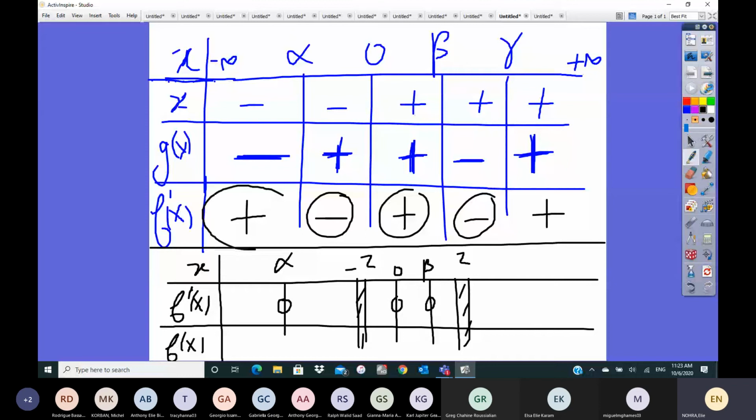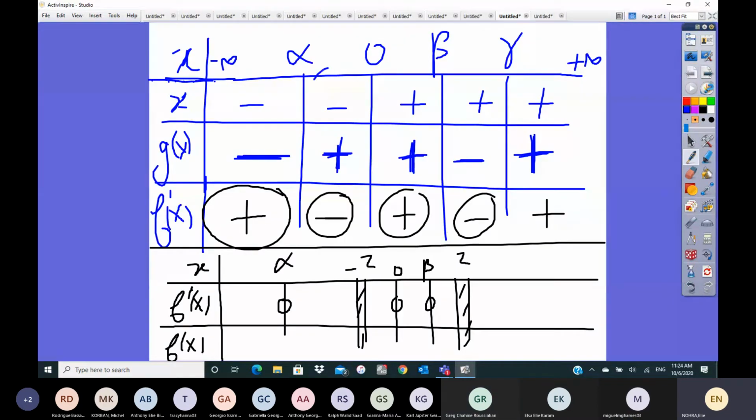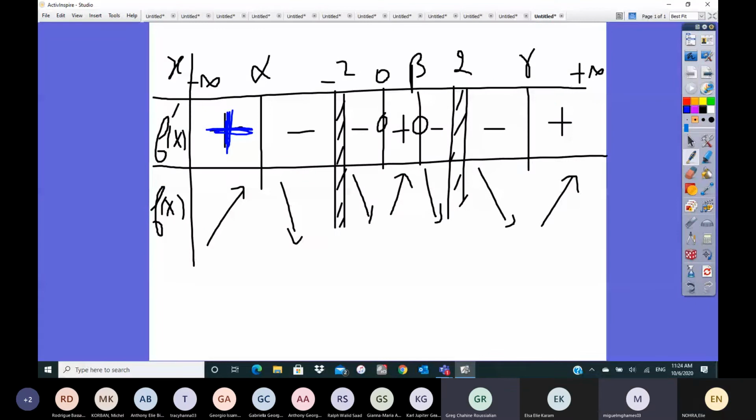First step, between -infinity and alpha, it is positive. Then between alpha and 0, it's negative, and so on, and you continue it.